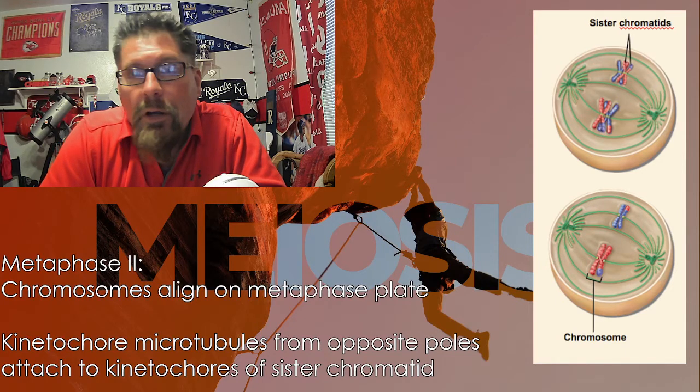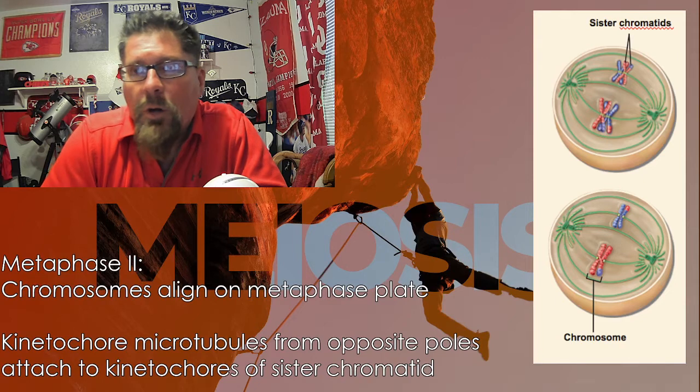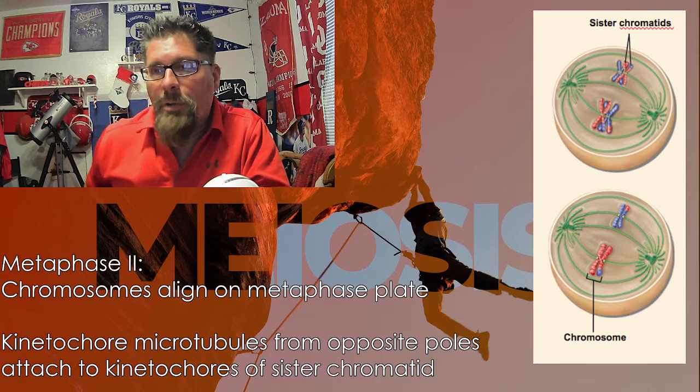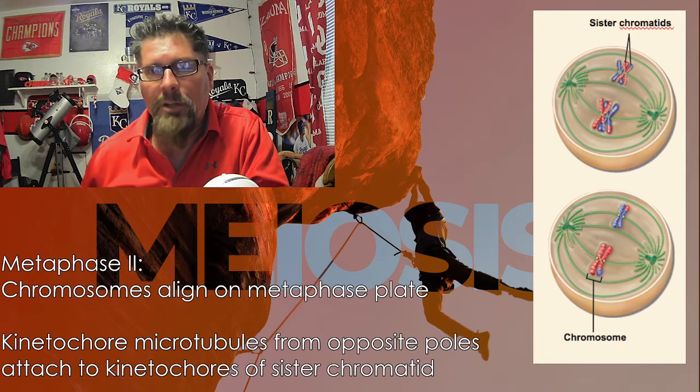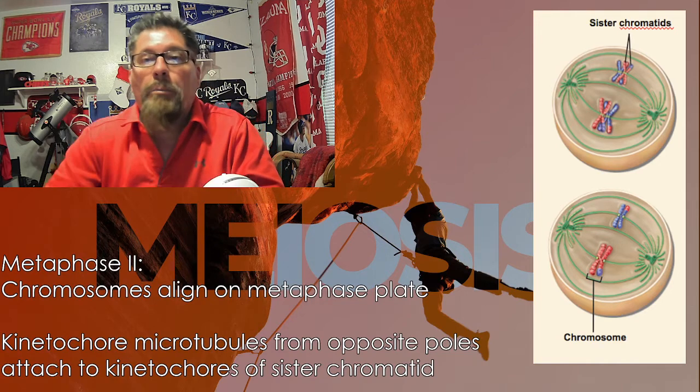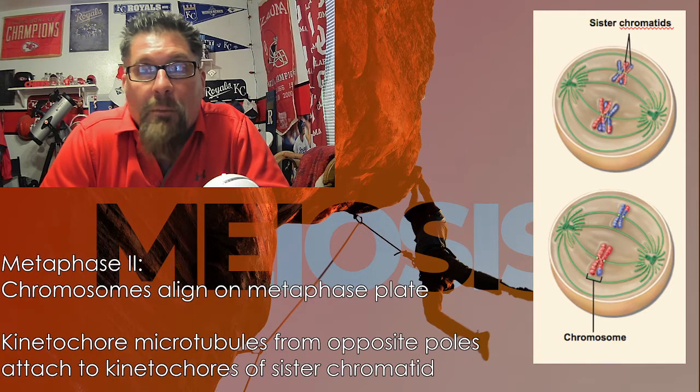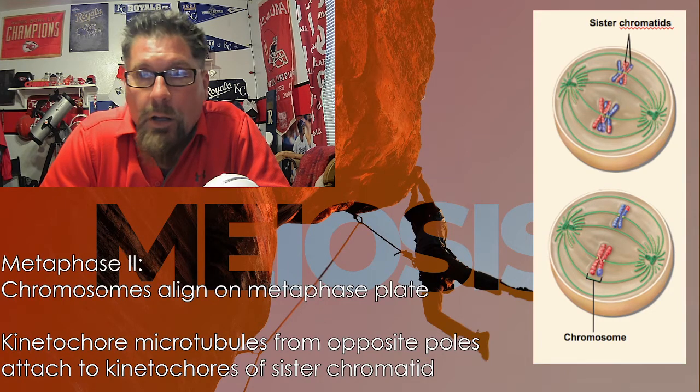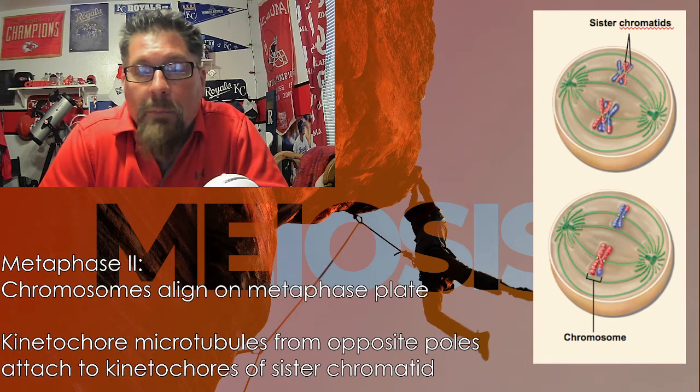Now, here in metaphase 2, this diagram, you may be thinking, what's going on here? Because it's a picture of them lining up, but the pictures aren't the same. The picture above is a reminder of what it looked like in metaphase 1, and the bottom is metaphase 2.